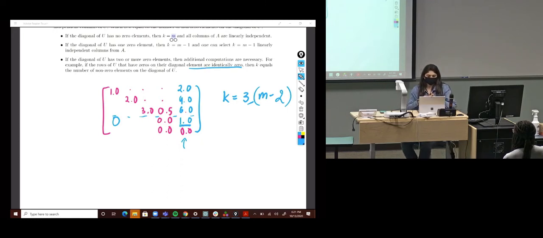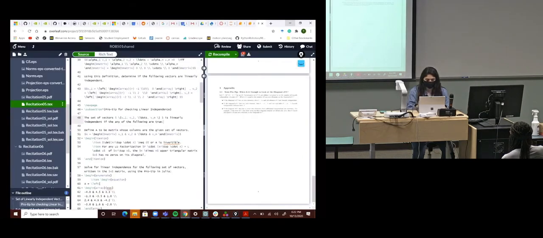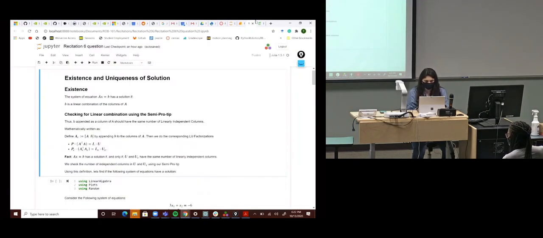So now we know how to count the number of linearly independent columns, right? We're good on that? Good. So now that we know how to do that, we're going to use that for solving a system of equations.